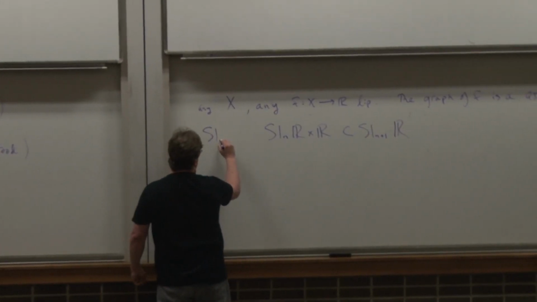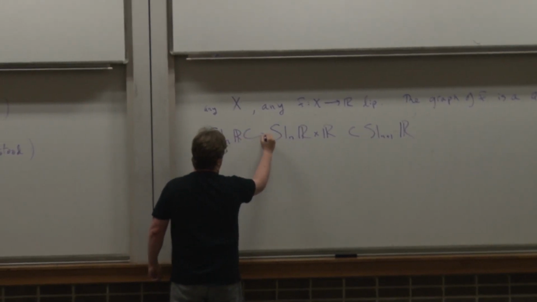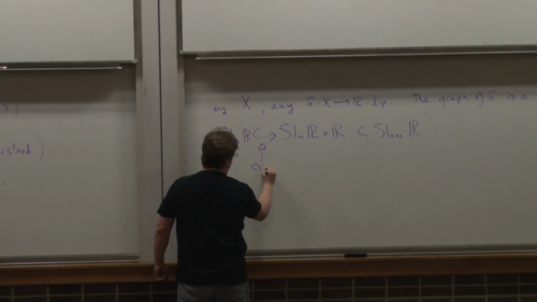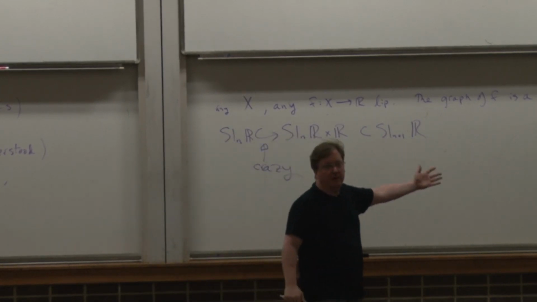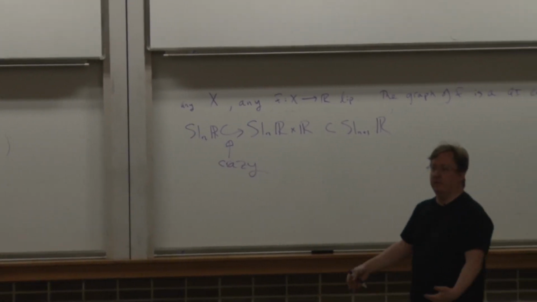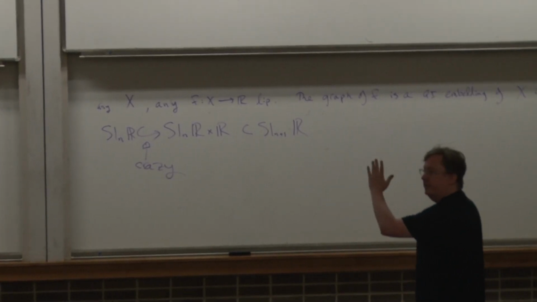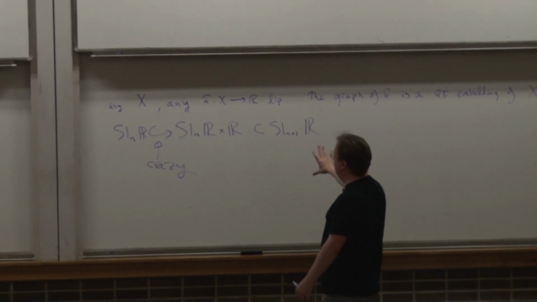Then you can stick SLnR into here in some crazy way and end up with some crazy QI embedding of SLnR inside of SL(n+1)R. So these same Euclidean space issues give us real problems for QI embeddings.